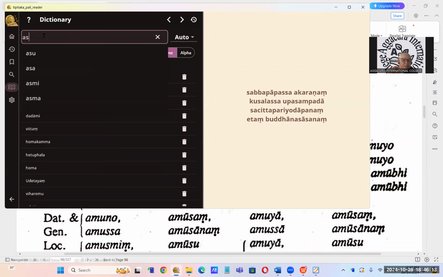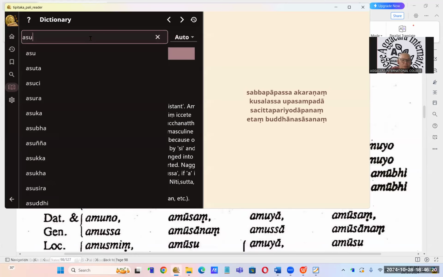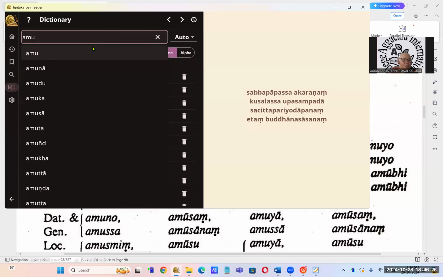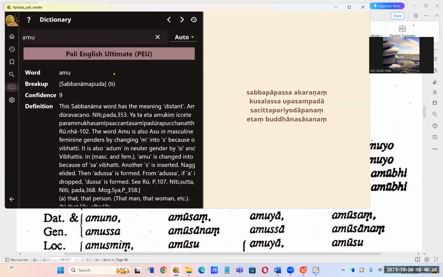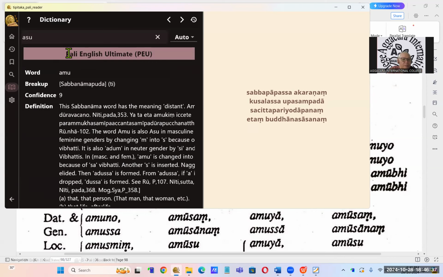Stem means the basis here. Then what is the root? There's no root here. It's just a pronoun. It's not a verb, so for now you don't need to look for a root, just the stem. Amu, or how about asu?